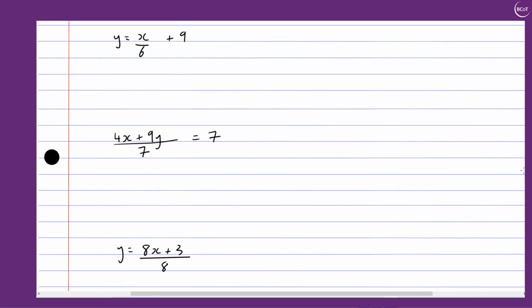Next we've got y equals x over 6 plus 9. So we can take the plus 9, move it to the other side, becomes minus 9. We change the side, change the sign. So we've got y minus 9 is x over 6. And now we can multiply both sides by 6, but we have to multiply the 9 by 6 and the y by 6. Well, it's minus 9. So it's 6 lots of y minus 9 equals x.